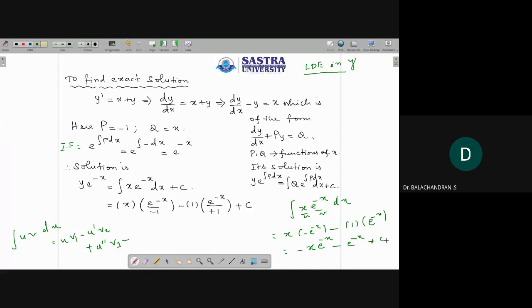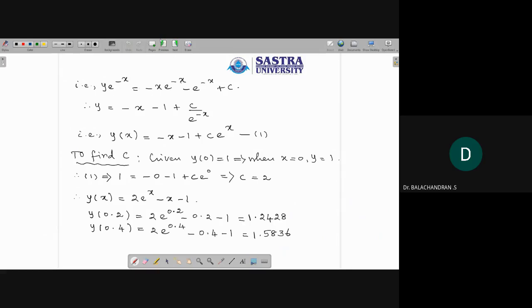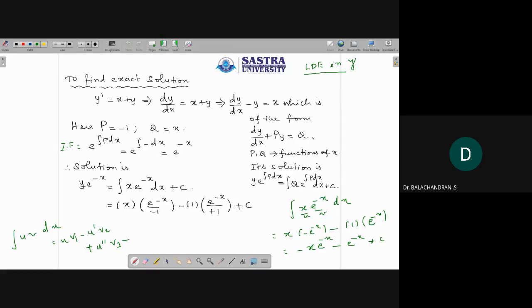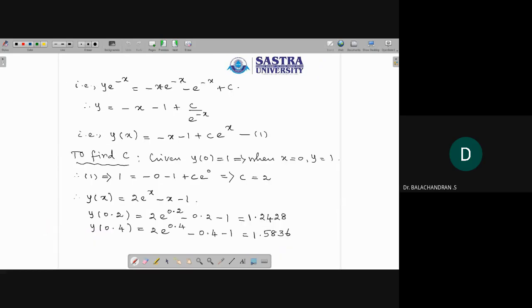Okay. So you can check it. Here also you have minus x into e power minus x minus e power minus x plus c. So left hand side is what? Left hand side is y into e power minus x. Right hand side is minus x into e power minus x minus e power minus x plus c.